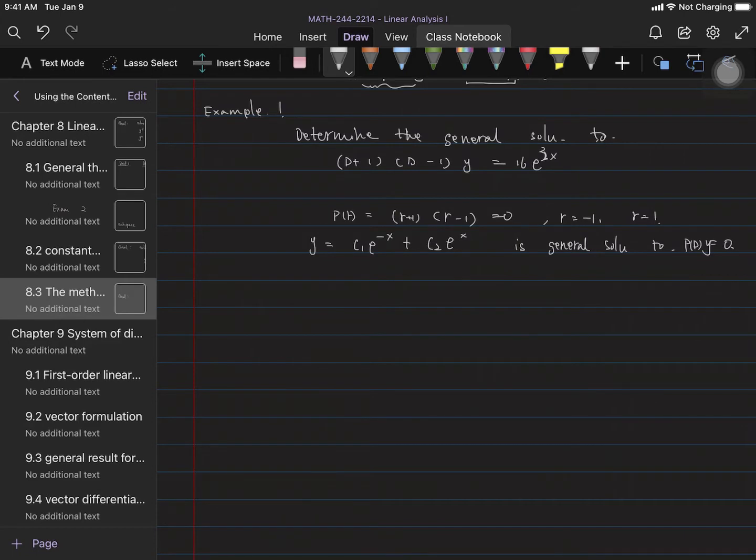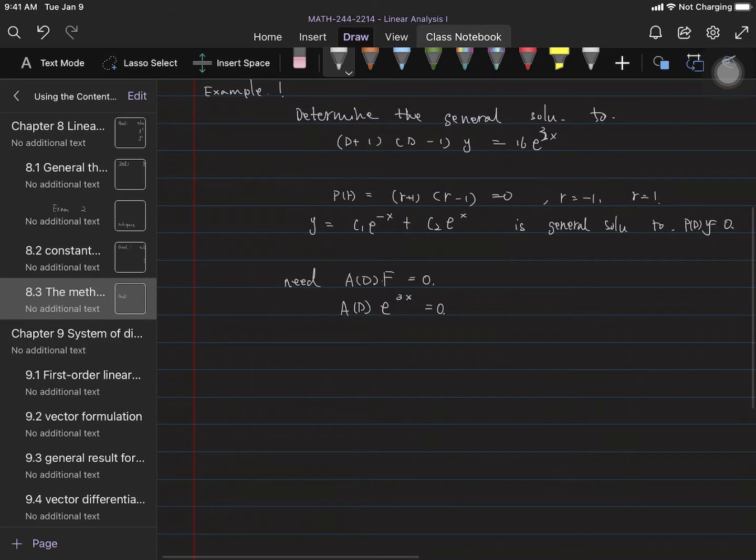We need to change the right side into homogeneous. So we want to multiply by AD so that AD applied to e^(3x) becomes 0.